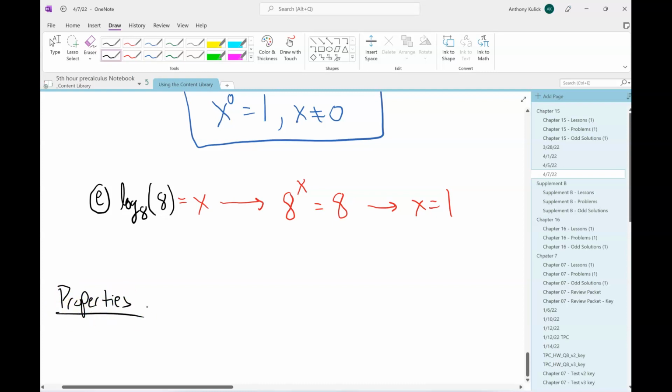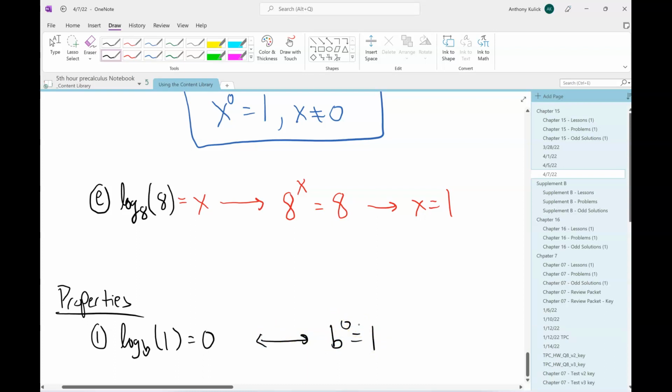So let's summarize some of the observations we've made here with some properties. First one is the log of 1 is always 0, regardless of what the base is. Everybody's cool with that? Because it's just equivalent to saying b to the 0 is equal to 1.